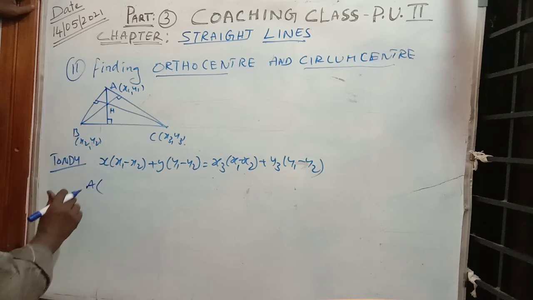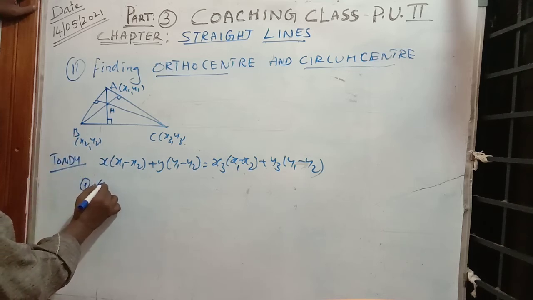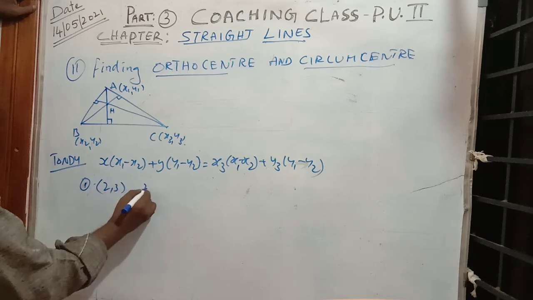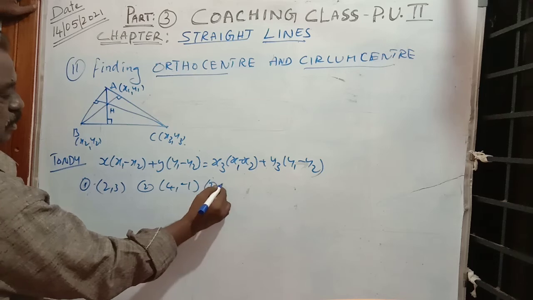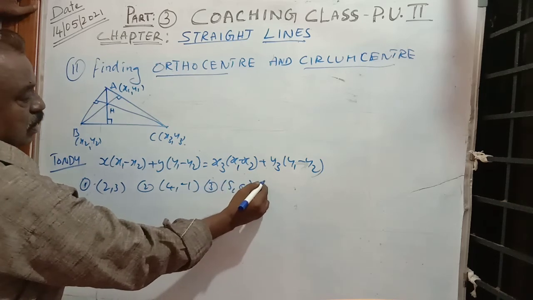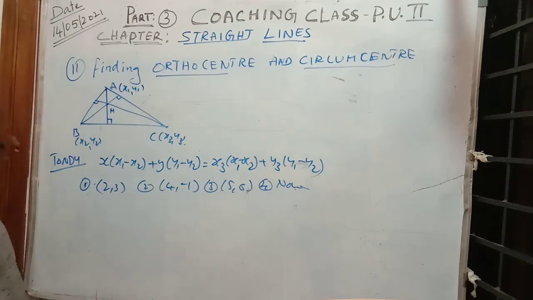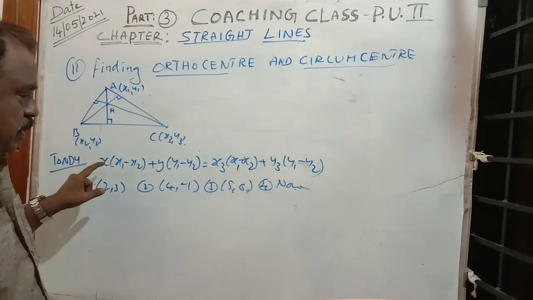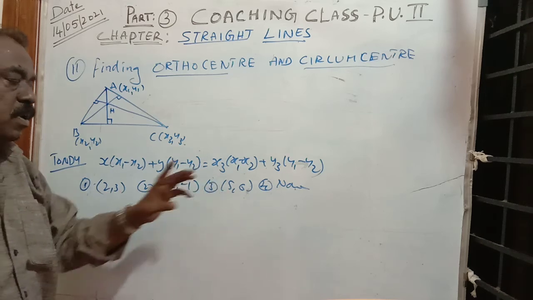Suppose the first option is 2 comma 3, the second option is 4 comma minus 1, the third option is 5 comma 6, and the fourth option is none. Which satisfies this equation? This equation is satisfied by only one of the 4 options.